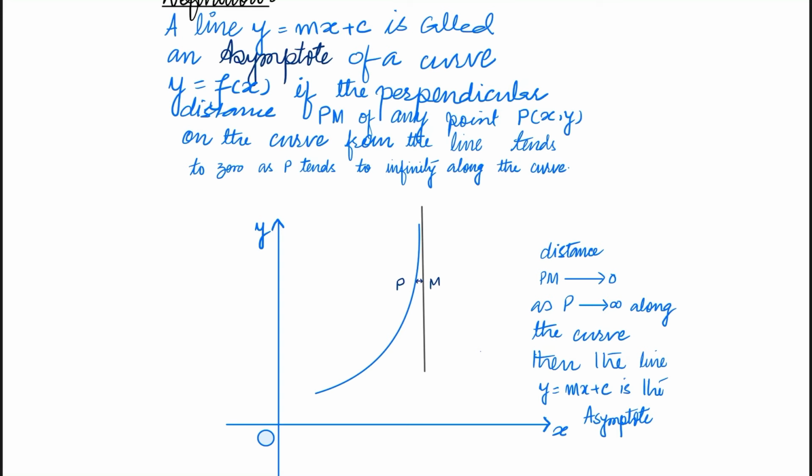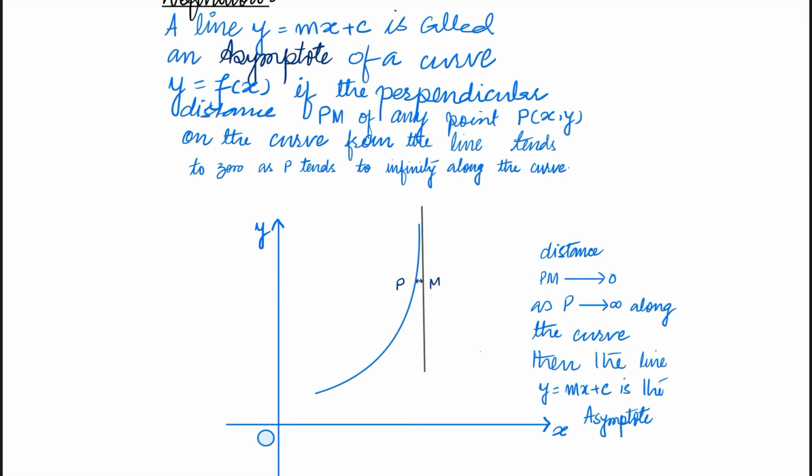So the line comes close to the curve as P goes to infinity along the curve. In other words, an asymptote is a straight line to a curve if the distance between the curve and the straight line goes to 0 as the point along the curve goes to infinity.